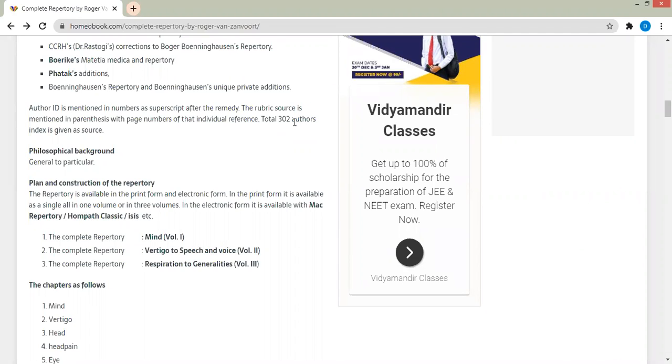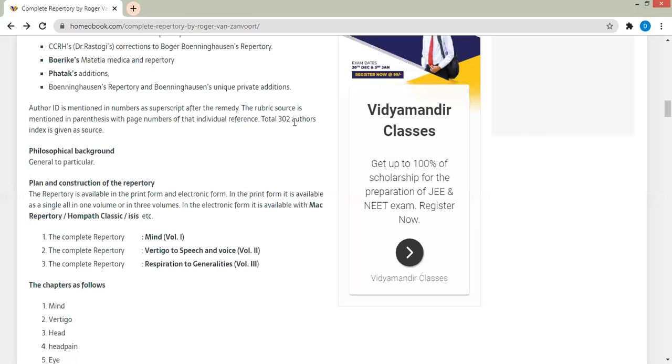Then the plan of construction of this repertory. This repertory is available in print form and electronic form, as we discussed, in many software programs where we found this repertory was included. In the print form, it is available as a single all-in-one volume or in 3 volumes.